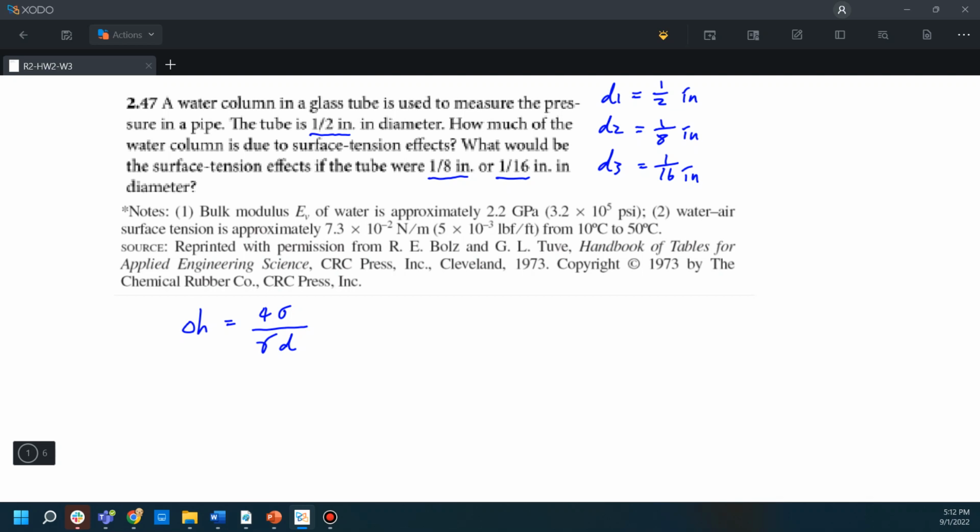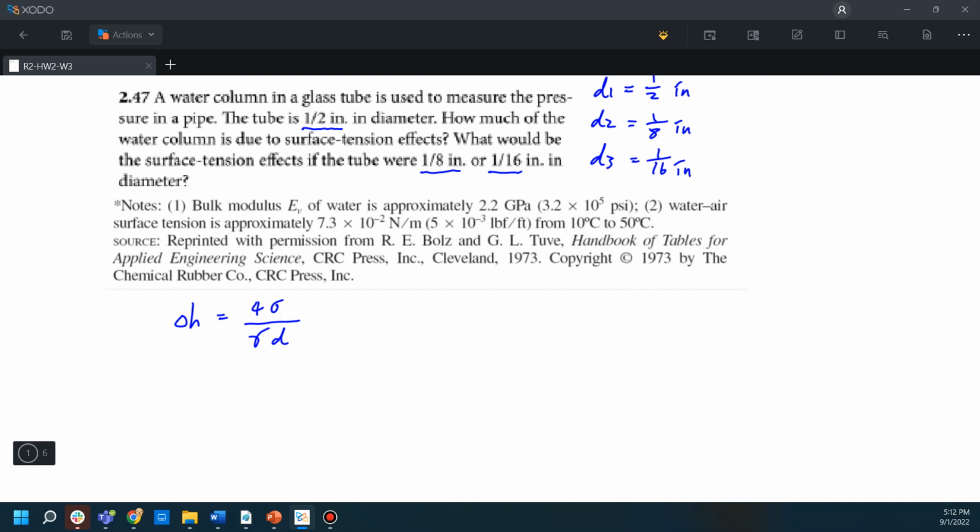The surface tension, according to the table in the appendix, table 8.5, we note that the surface tension for water is approximately 5 times 10 to the power of -3 pound per feet.